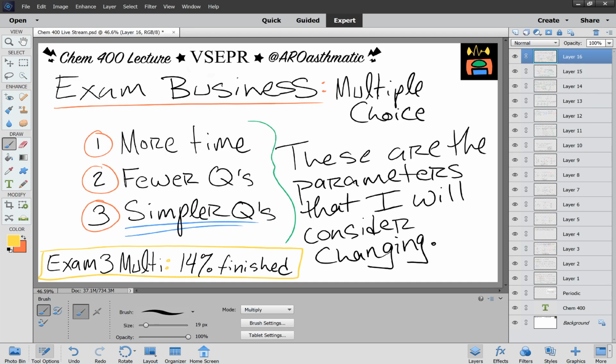So multiple choice will definitely be held through Canvas. Also, the problem banks that I wrote for the first exam and am writing for the second exam will be in Canvas. So I'll have access to those to change them, tweak them, add to them, perfect them in future semesters.